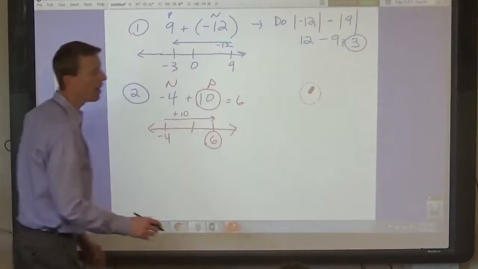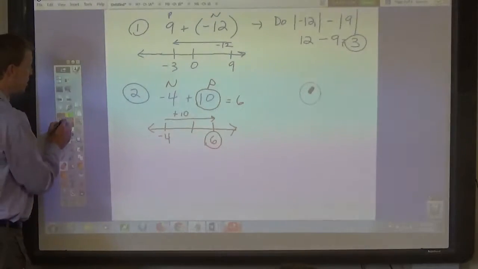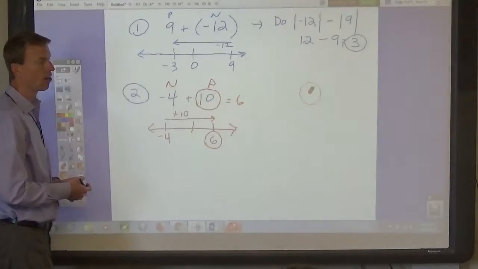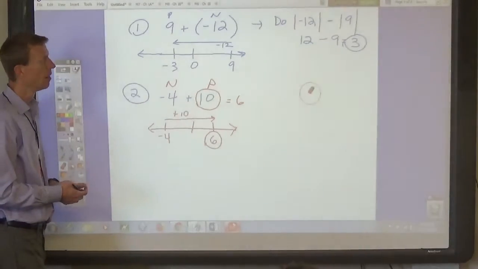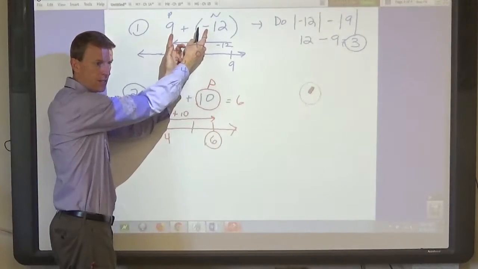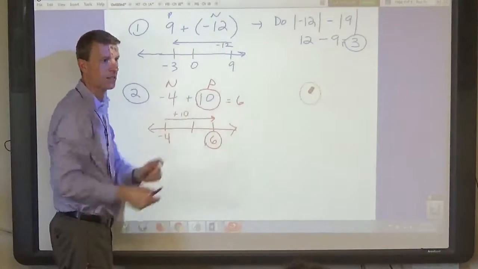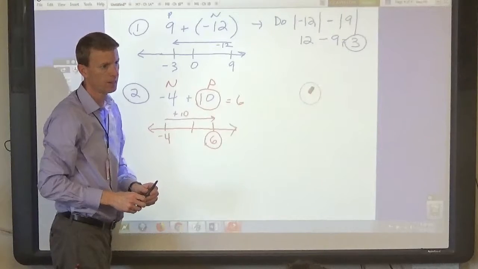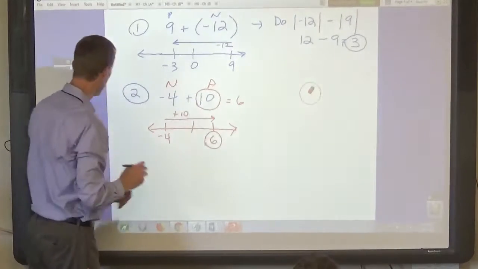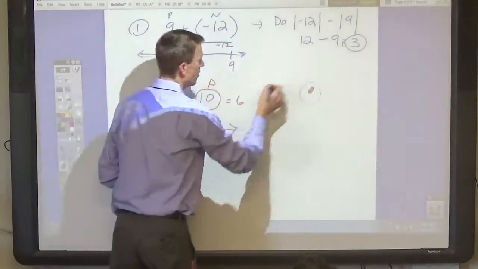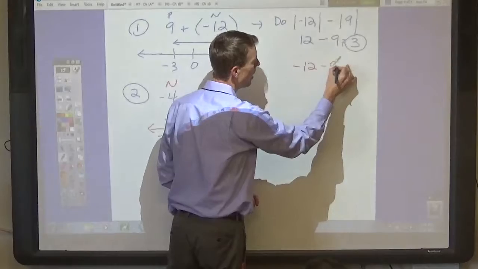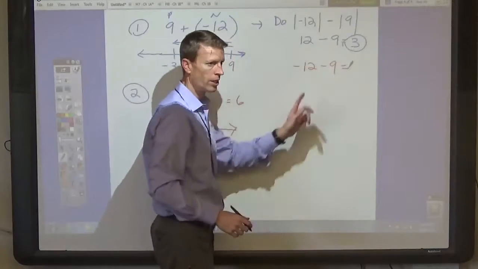Here's why. What if you just subtracted negative 12 minus 9? Since these are opposites, we have to find the difference, so we have to do minus. But if you just did negative 12 minus 9, you don't get negative 3.